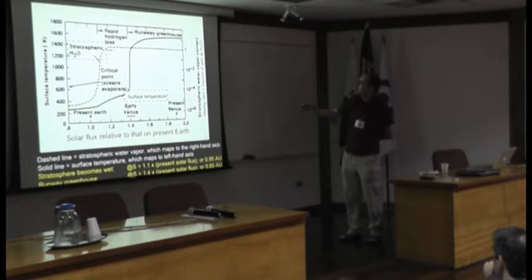The dashed line is water vapor abundance in the stratosphere, which is related to the runaway greenhouse effect. So this is the mixing ratio of H2O. So this is saturated when it means all of the gas is water vapor at unity.